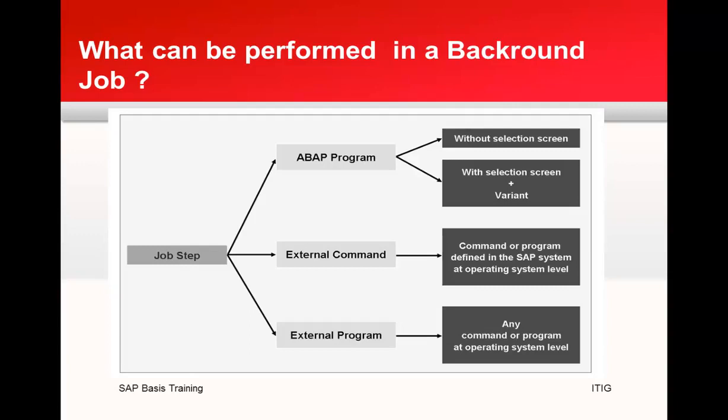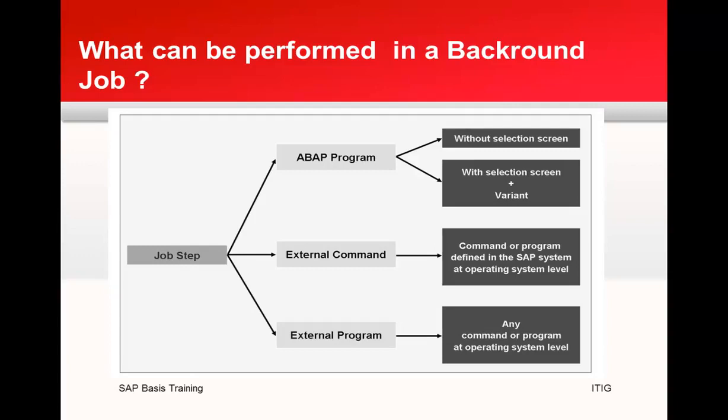If the program has one or more selection screens, you must create the required input in advance in the form of a variant. A variant makes it possible to run an ABAP program in the background, although the program requires input. The values stored in the variant are used during execution. If an ABAP program has screen output as a result, this is directed to a spool list.